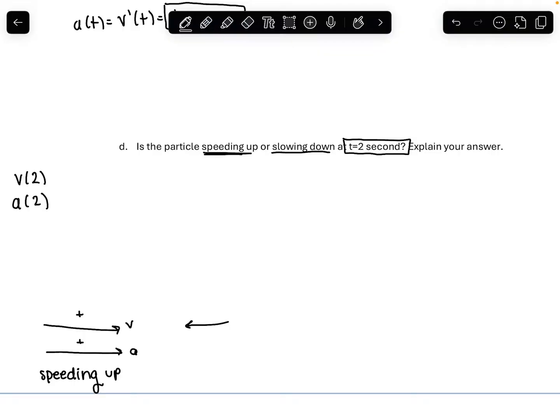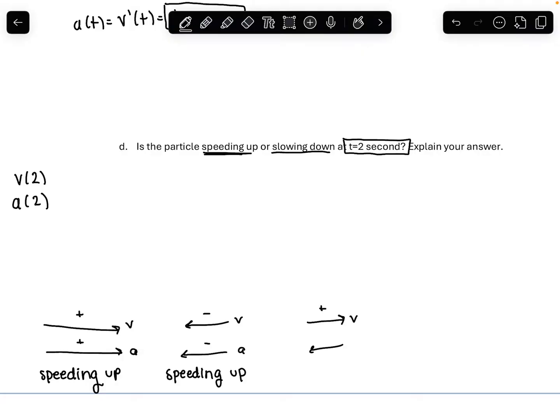What if my velocity is this way and so is my acceleration? Well, I'm still going to be speeding up, just in a different direction. So just because one of our things is positive does not mean something's speeding up or slowing down.